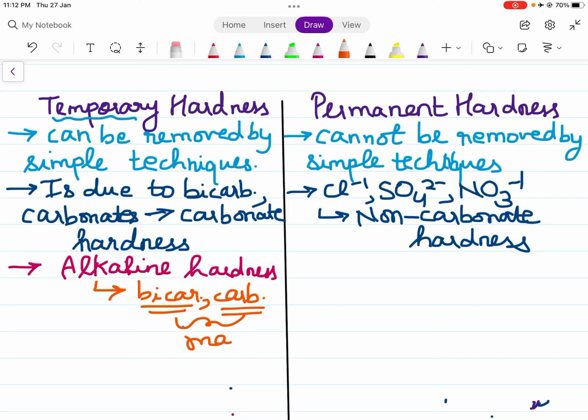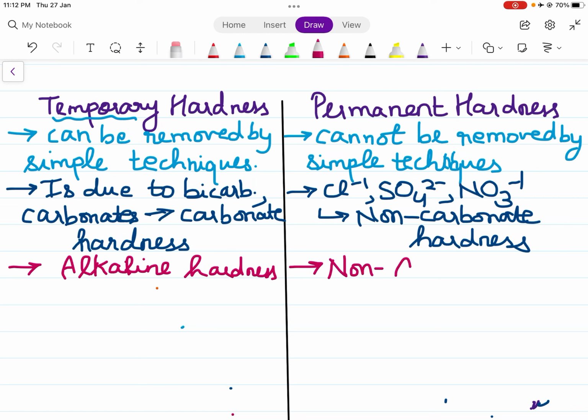This is the major chunk. So temporary hardness is also called alkaline hardness. Whereas permanent hardness is called non-alkaline hardness. Temporary hardness can be removed by boiling. Permanent hardness cannot be removed by boiling. This we already know. Correct?